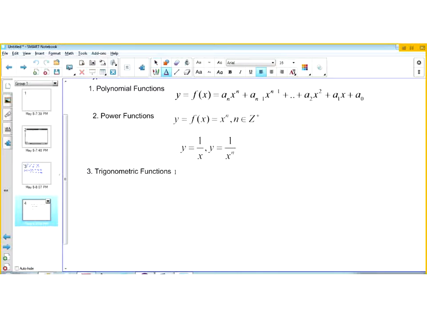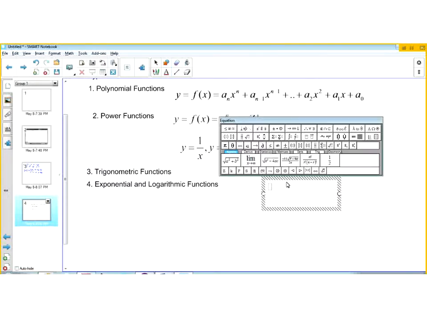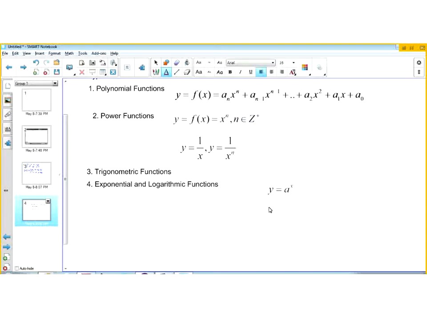So the next class of functions we'll be dealing with will be the exponential and logarithmic functions. Examples of exponential functions would be something like y is equal to a to the x power, where your variable is now the exponent, and a is the base.